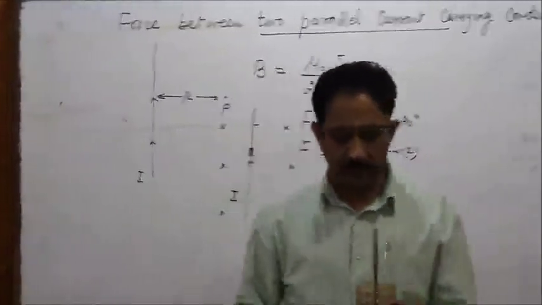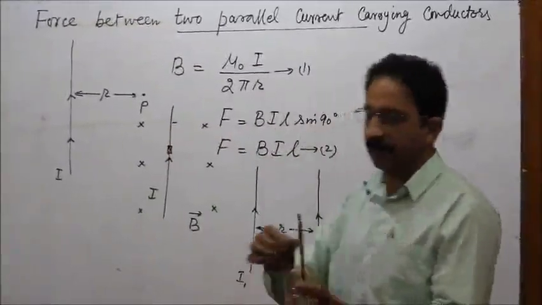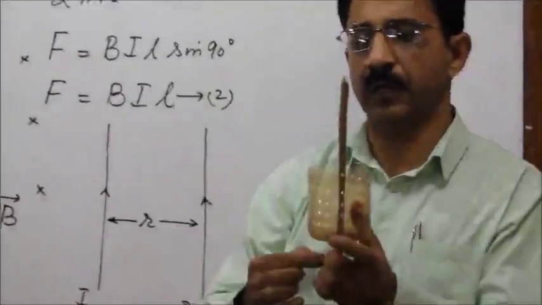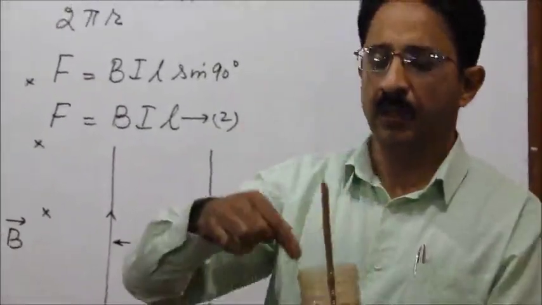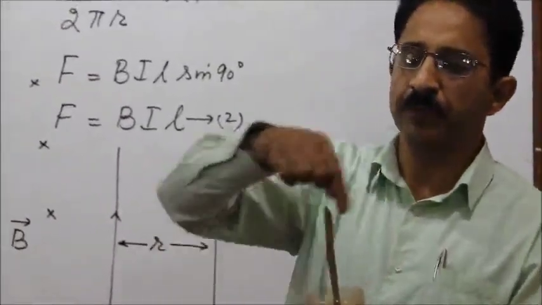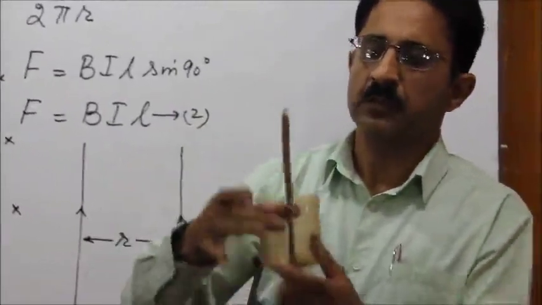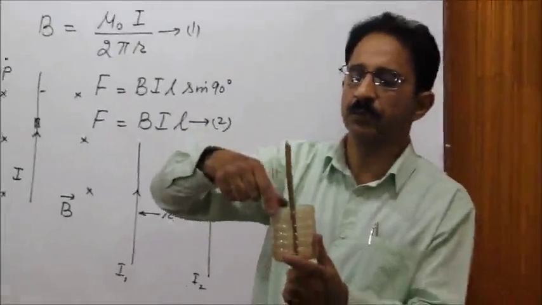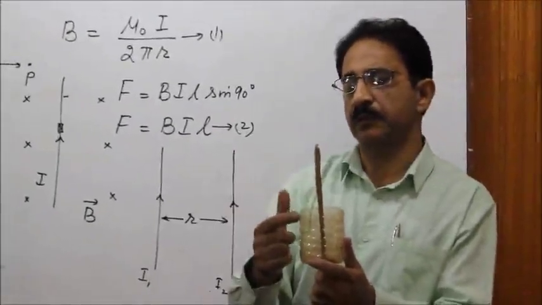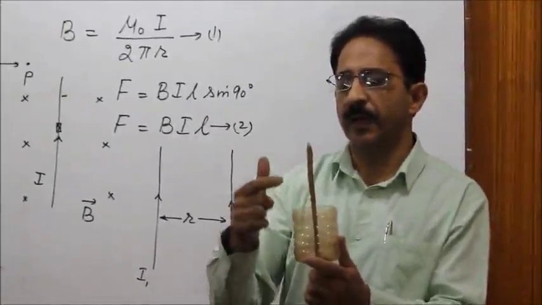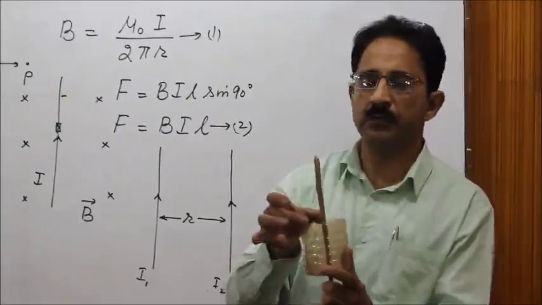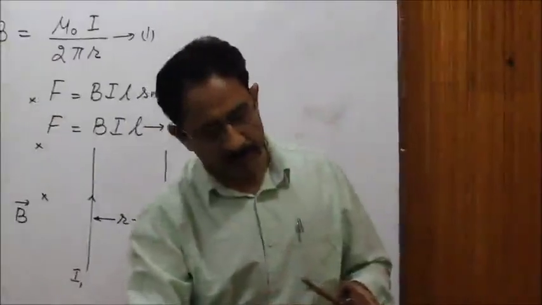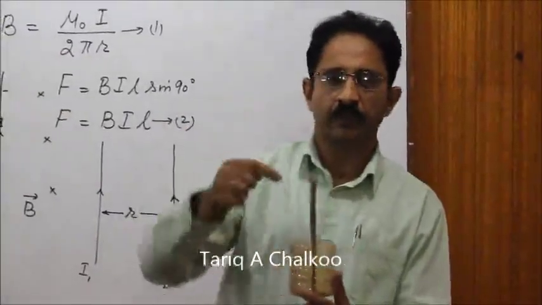Here, what I try to show is that if I have a conductor carrying current I1 through it, with the current upwards, there will be a magnetic field produced. The surrounding line is one of the magnetic lines of force: if I trace a magnetic line at distance r, where r is the radius of this cylinder, it will be like this.